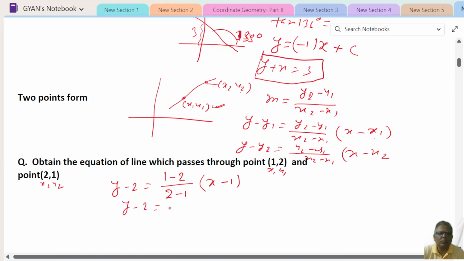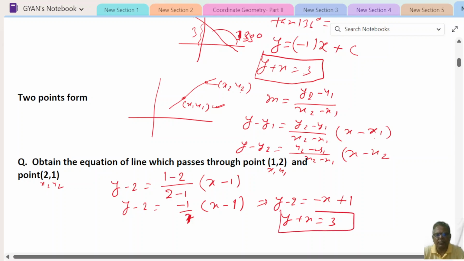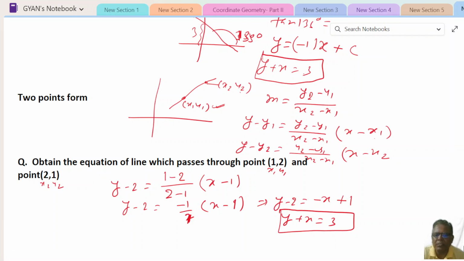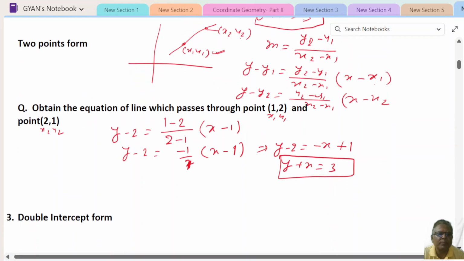So y minus 2 is equal to minus 1 divided by 2 into (x minus 1). Sorry, this is 1. So that implies y minus 2 is equal to minus x plus 1. So y plus x is equal to 3. You also get the same equation. So one equation can be written in different forms.